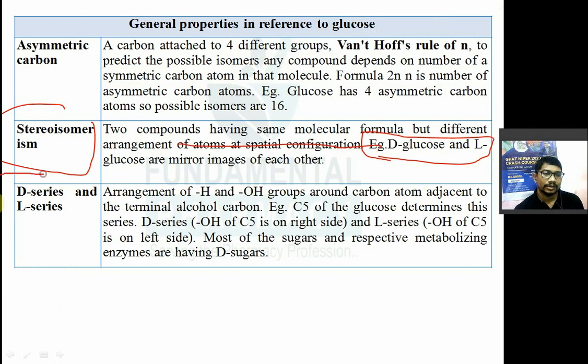We have seen what D glucose is and what L glucose is. It is the arrangement of hydrogen and hydroxyl group around the carbon atom adjacent to the terminal carbon containing the alcohol group. For example, carbon number 5 of glucose will have a difference in the arrangement of hydroxyl group and hydrogen. We have already seen that.